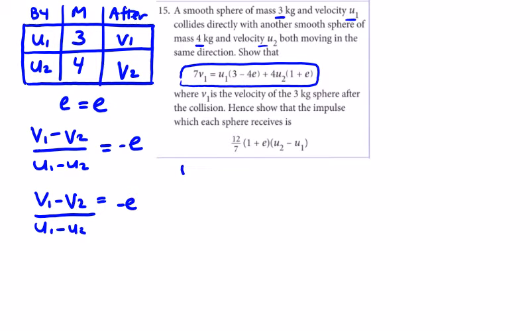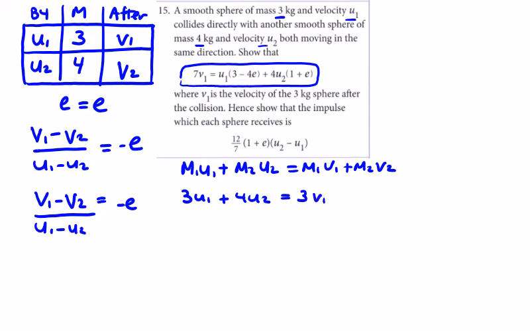So if we use conservation of momentum, m1 u1 plus m2 u2 equals m1 v1 plus m2 v2. So that's going to give me 3u1 plus 4u2 is equal to 3v1 plus 4v2.